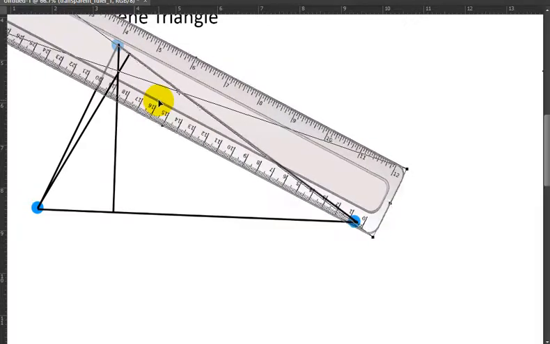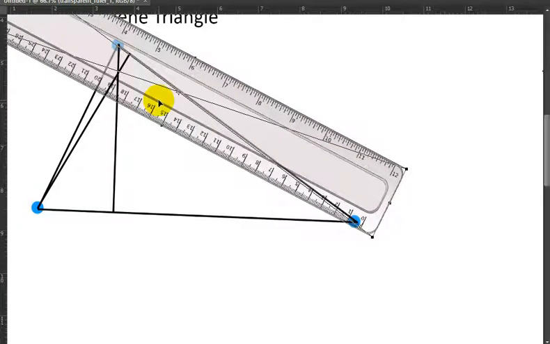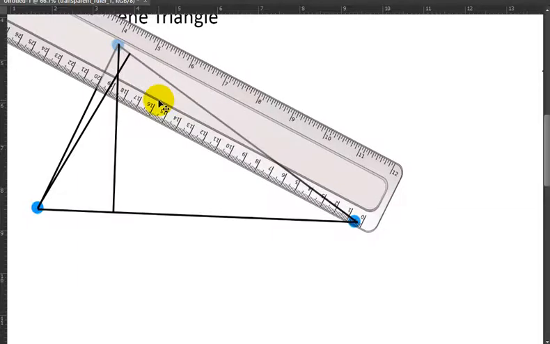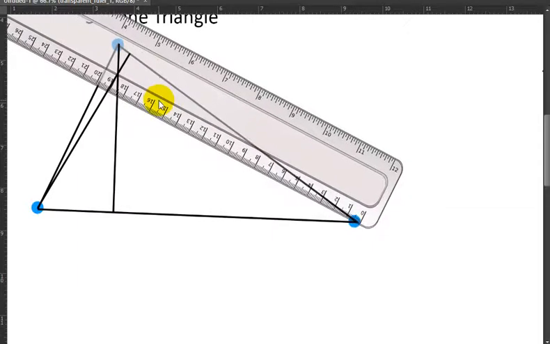Yes, the line is aligned with the side of the triangle. So yeah, again, I do not need to leave the line. I don't need to project it. I can just make a line here. And that is the height of the triangle.